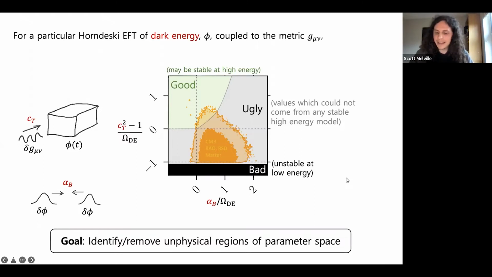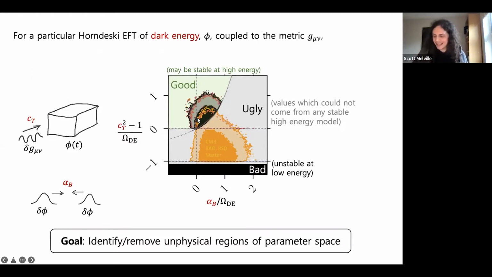All right, fantastic. So one reason that this is impacting our searches for new physics is that rather than fit your data using any old values of CT and alpha B, you could instead do this more refined fit where you say, I'm going to use as a prior this theoretical information that Scott is giving me: the fact that there's no high energy model which could land in this ugly region.